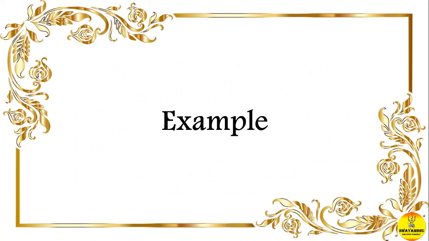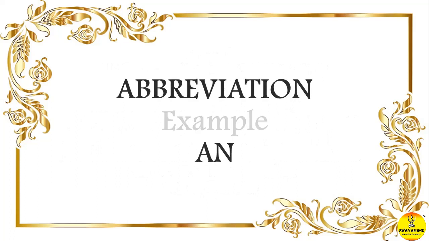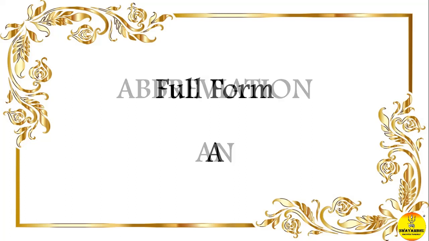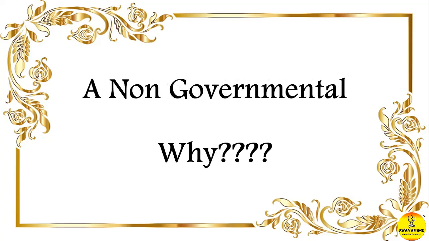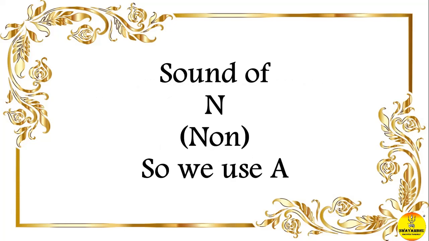When I spoke about the abbreviation, I put an, but when I told the full form, I took it as a non-governmental. Why? Because the sound of N is not pronounced in non-governmental organization, so it becomes a.